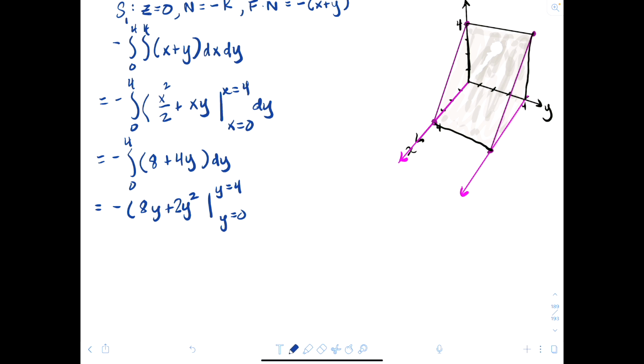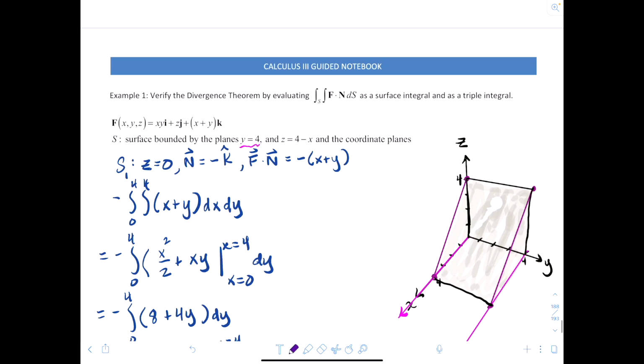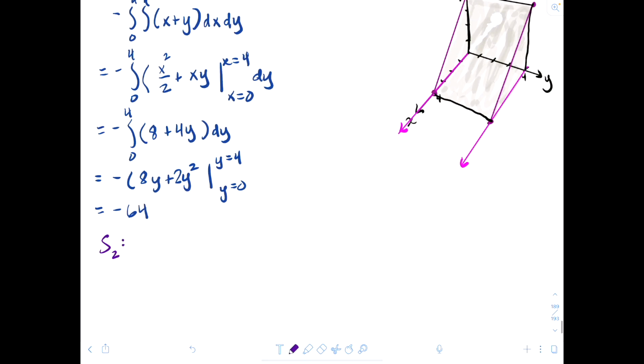Then when y is 4, we would get negative 64. The lower limit will zero out. Cool so far? Surface 2 is going to be, so now what are we going to do? We're going to have y equal to 0.